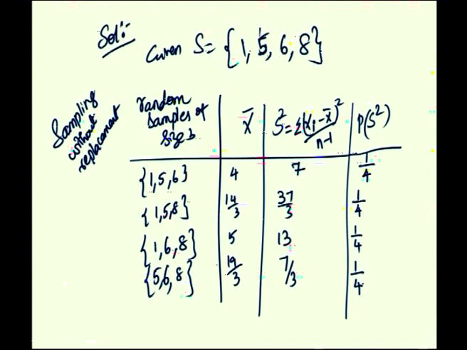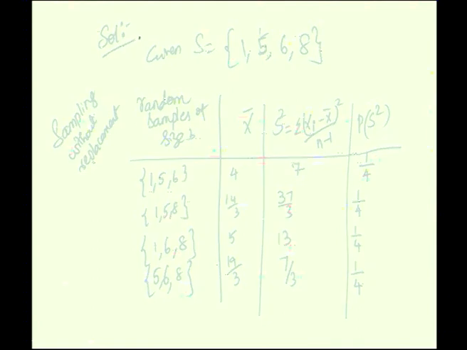Next, you are asked to find the mean of S square and the variance of S square. For the mean of S square, I will write the S square values: 7, 37 by 3, 13, 7 by 3.